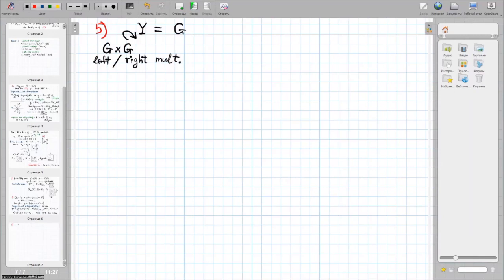Under the action of this bigger group, G cross G, the group G itself is a homogeneous space. And the stabilizer of the base point, for which we can take the unity element of G, is just the diagonal G, G itself embedded diagonally in the direct product.